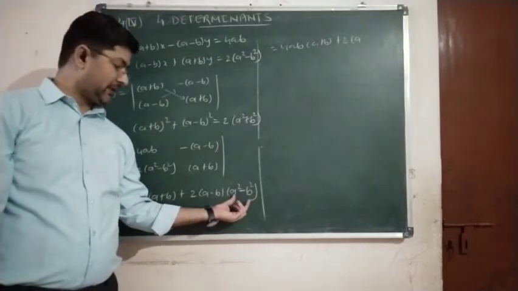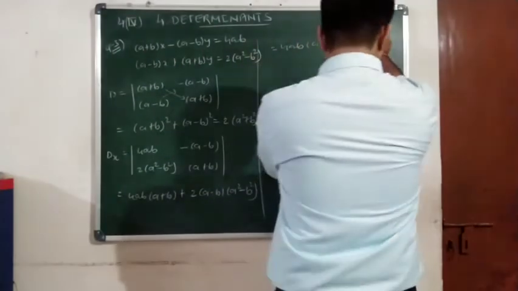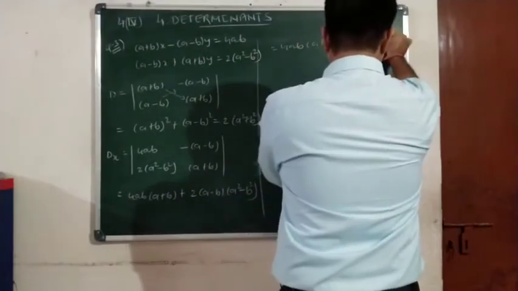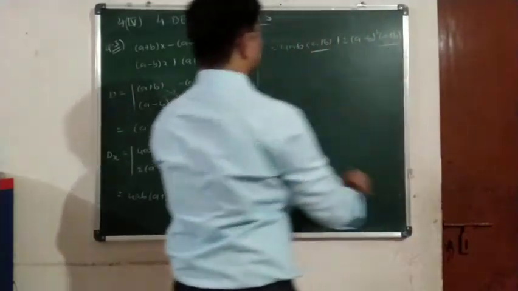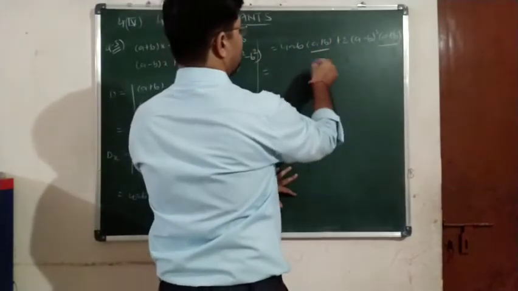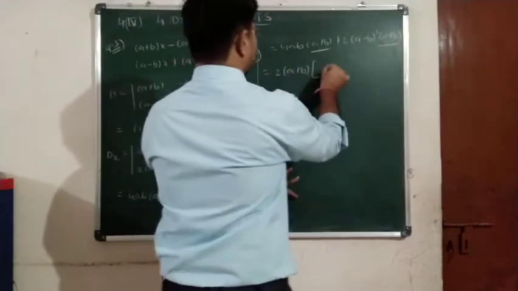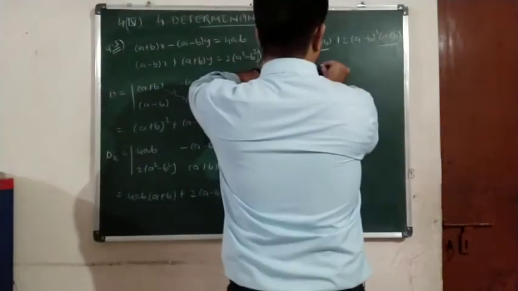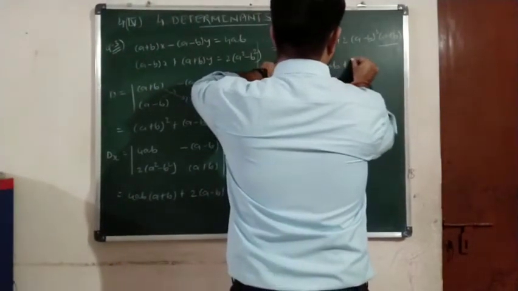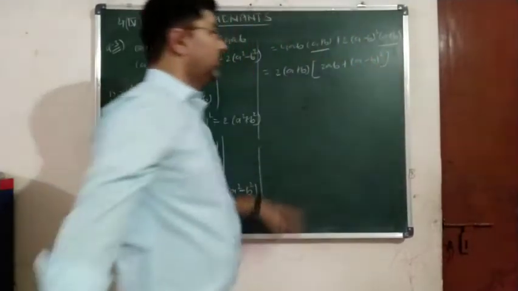So one bracket (a minus b) and another (a minus b) gives (a minus b) the whole square, into (a plus b). Now we can take the bracket (a plus b) common from the two terms, and 2 also can be taken common. So 2 into (a plus b), the first term is left with 2ab and the second term is left with (a minus b) the whole square.